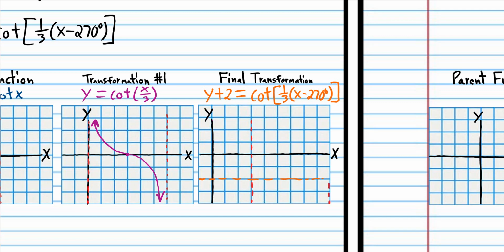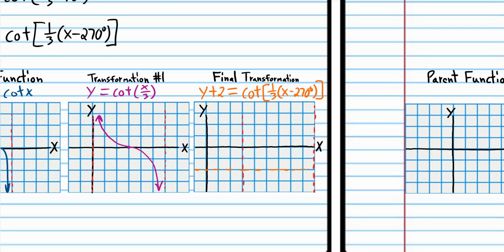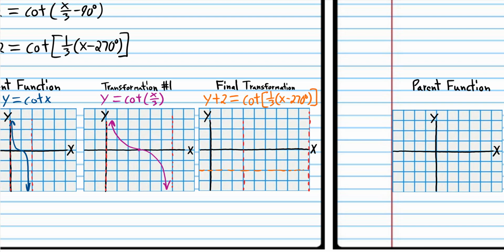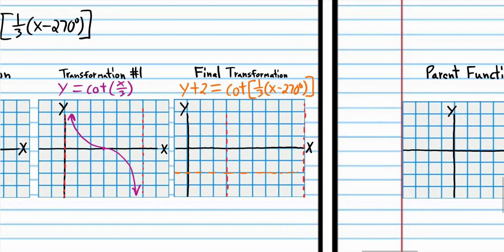So the other asymptote is right on the end here. So it was 6 out, and now it's 9 away from the y-axis. And now we're ready to graph.